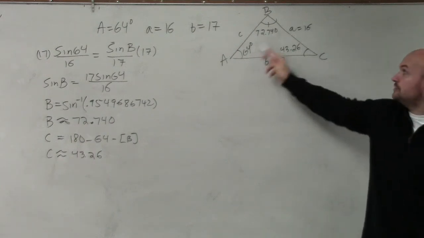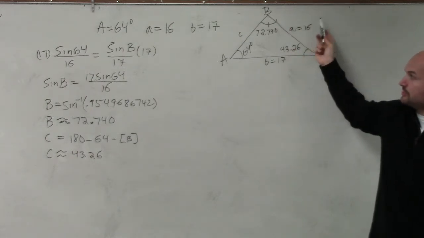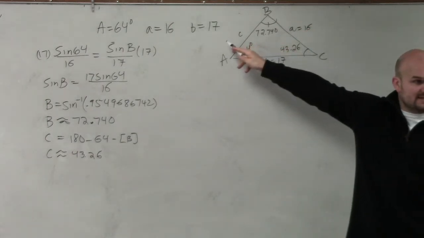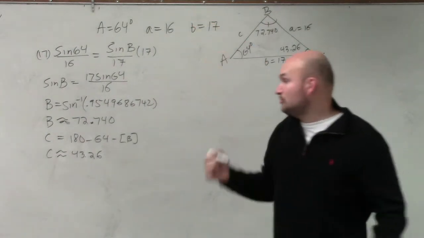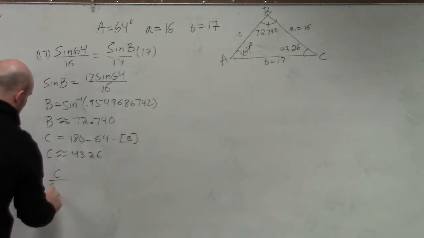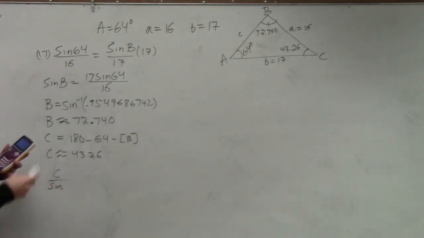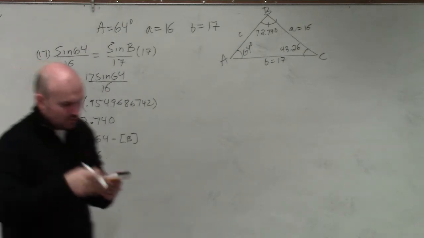Again, you want to go back and use your original ratio. Where's our original ratio that we were given? And we want to solve for side length c. But now, since we're solving for the side length c, I would like c to be in the numerator. So I'll have c over the sine. And again, I don't want to use my rounded C. So I should store this.